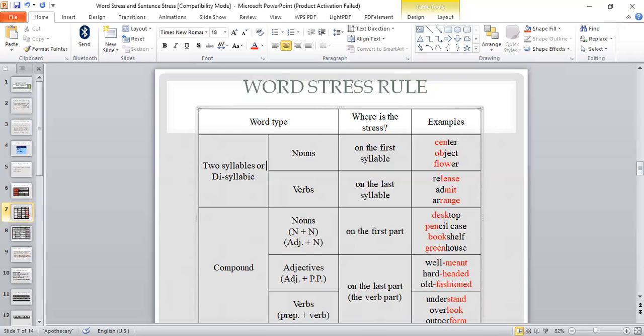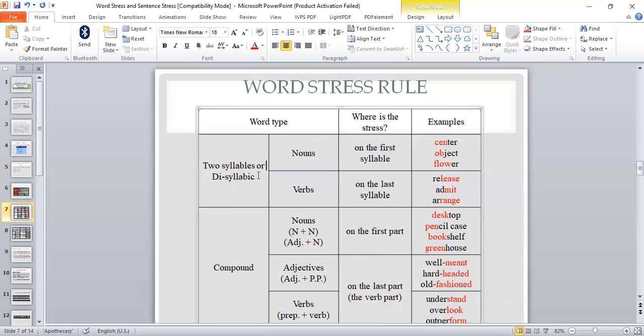So what you need to consider now is, as much as you understand and you can identify words by their part of speech, you need to understand which part of it will be pronounced emphatically. So it means for most two-syllabic nouns, I am not saying all of them, but usually most of them, the stress is placed on the first syllable.